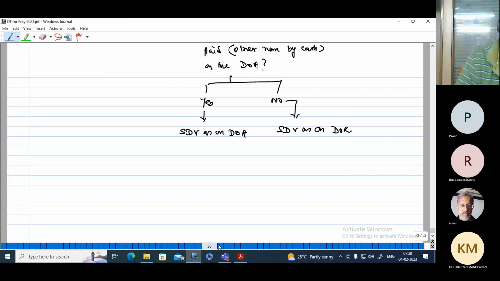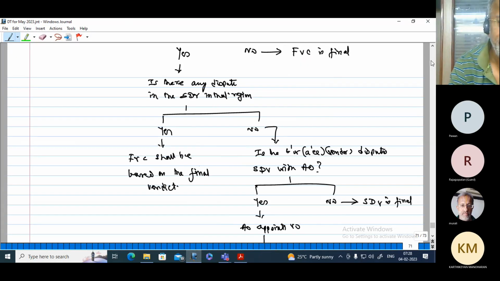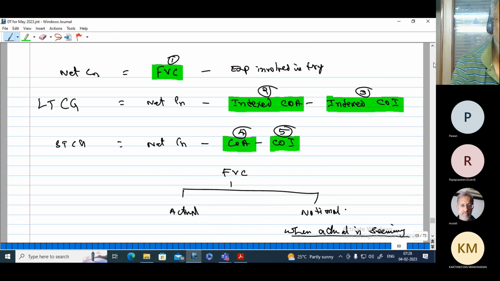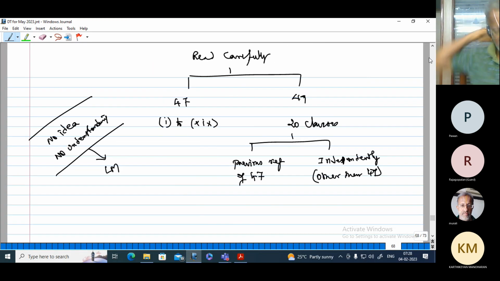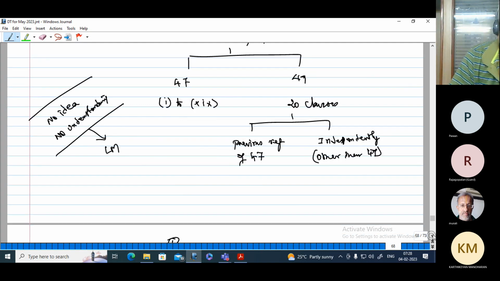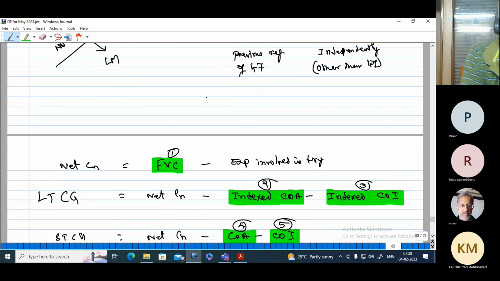Remember, in the last class I was referring to how capital gains have to be computed. How capital gains have to be computed is given in Section 48.